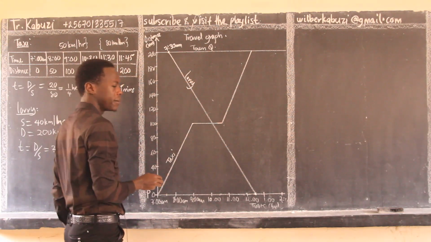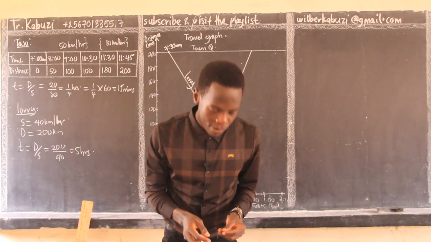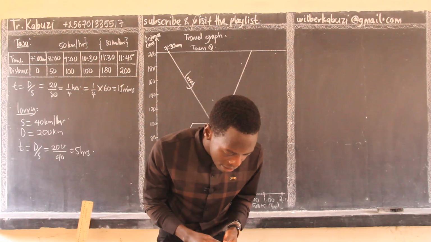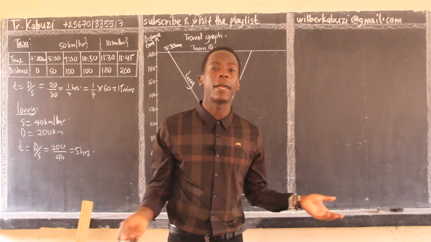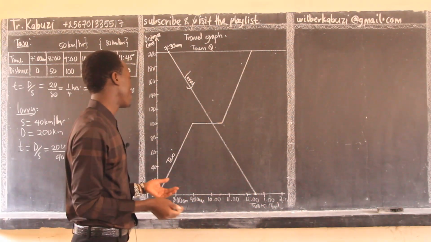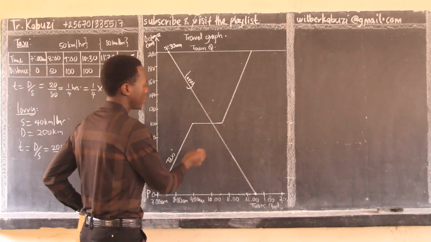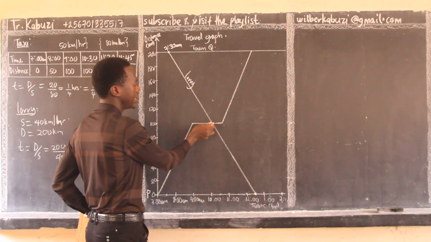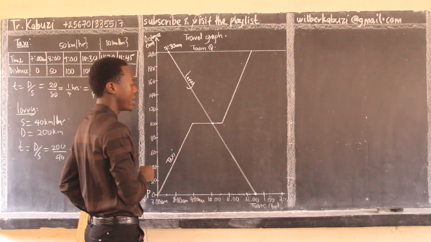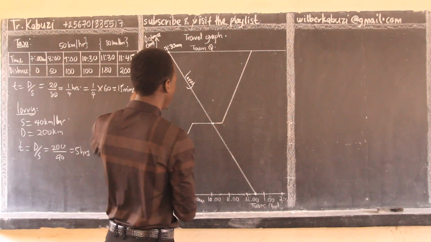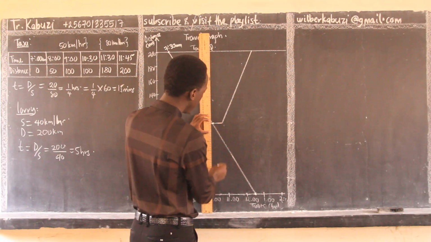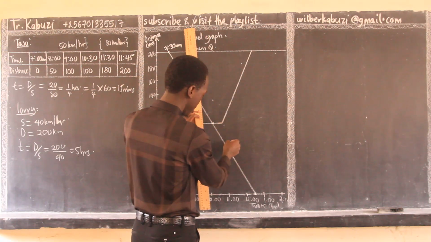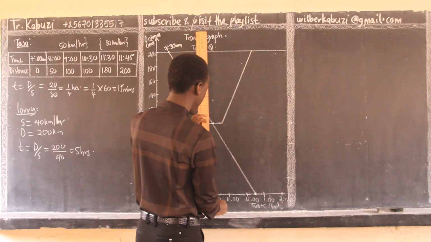Now, they told us that the task was to help the taxi driver graphically locate the point and the time where he will meet the lorry on the way. They're not telling us from what, but anyway. So this is the distance, meaning they are meeting here, which will be 100. Then for the time where they are intersecting, you just put your ruler there, then you go down like that.